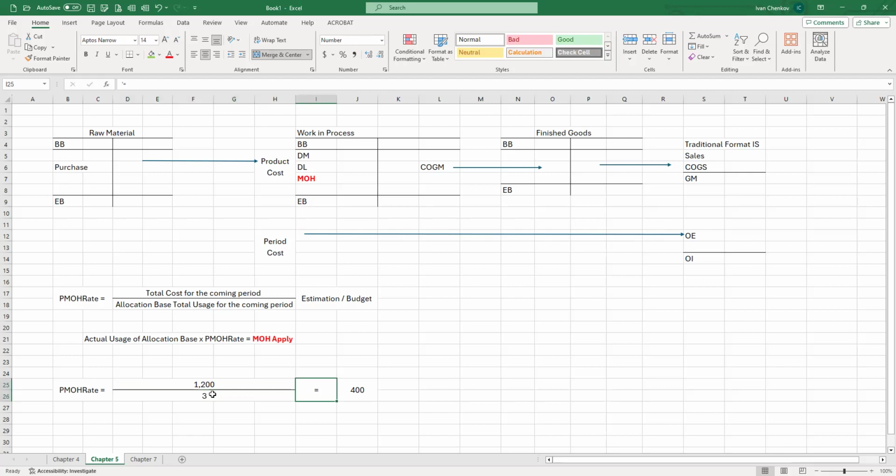Now, is this a fair allocation of the cost? Is it fair for all 3 of them to pay $400? What do you think?